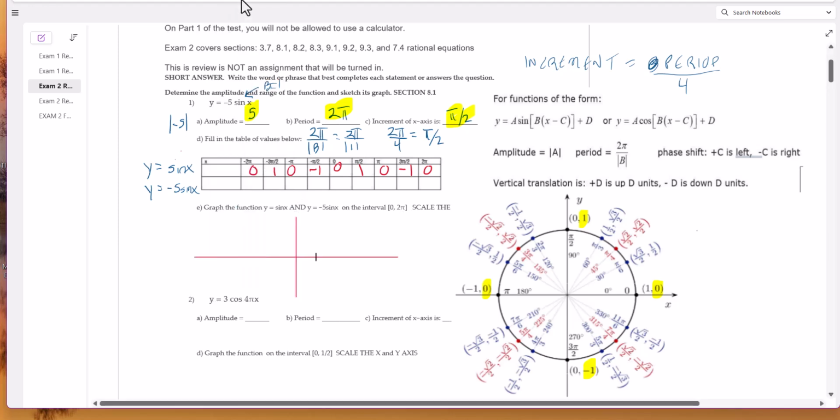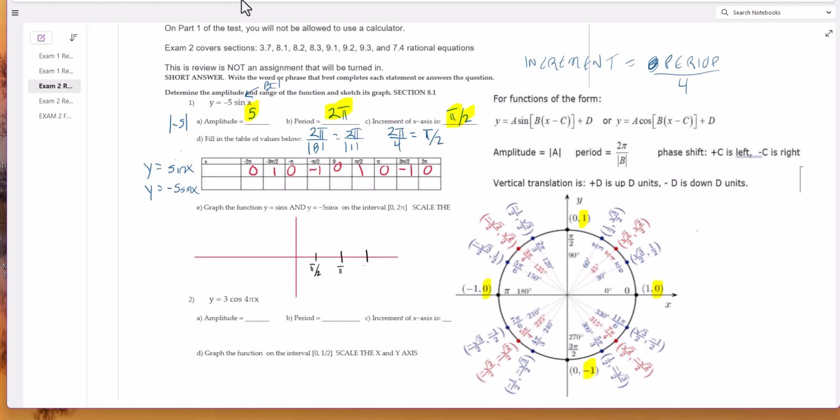Make sure that you scale your x-axis. We're going by 90-degree increments, like that. And then since we have an amplitude of 5, you want to go all the way up to 5, and down to -5, like that. Then it's just a matter of filling this in.